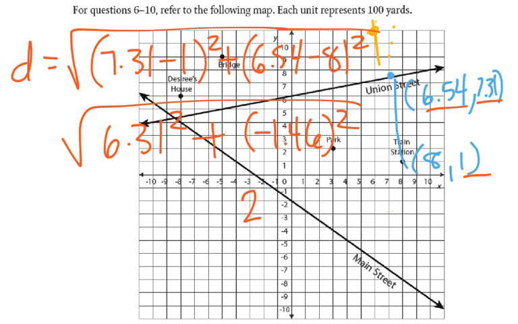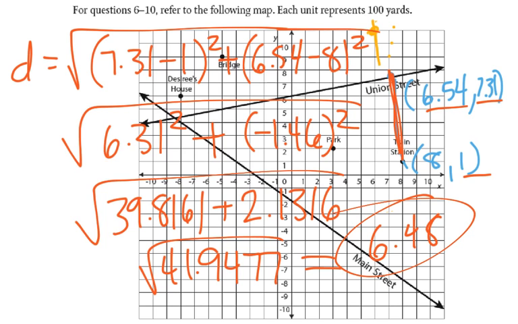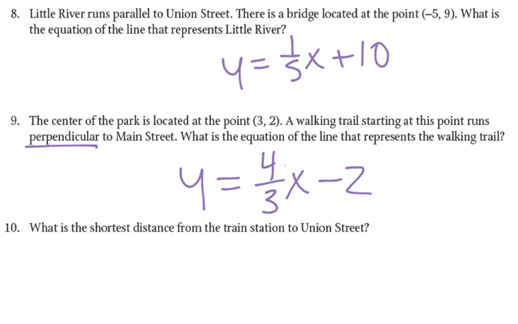That gives us 2.1316, plus 6.31 squared is 39.8161. We add those together and get the square root of 41.9477, which we use a calculator for, and that gives us a distance. So this distance here is about 6.48, so about 6.5. And there we go, guys. 6.48.